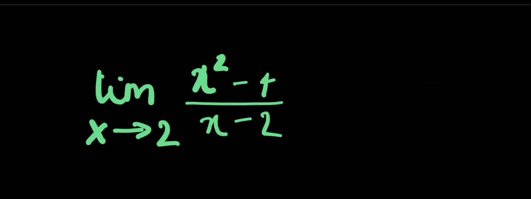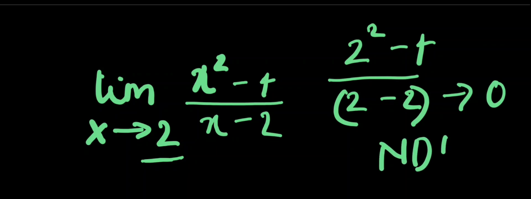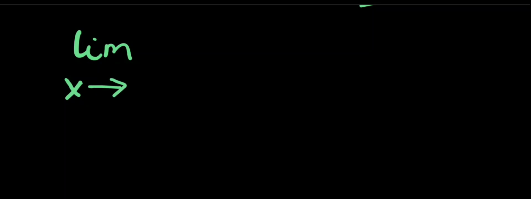Alright, if we directly sub in the value of x here, this would be 2 squared minus 4 over 2 minus 2. We can see even in the denominator we get 0, so the value is undefined. What do we do in this case? In this case, we use factorization to evaluate.